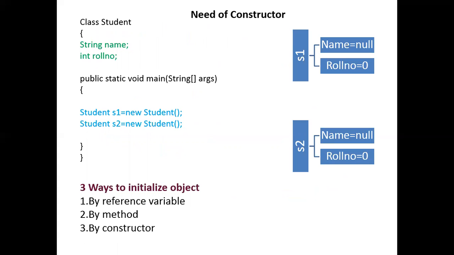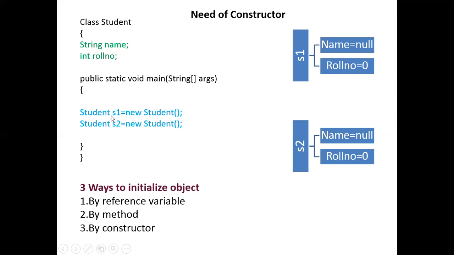Before explaining the need of the constructor, let me explain this example. Here I have taken a class Student, which contains two instance variables, name and roll number. In this class, we have created a main method, and in it we have created one object of this class, Student S1 = new Student.